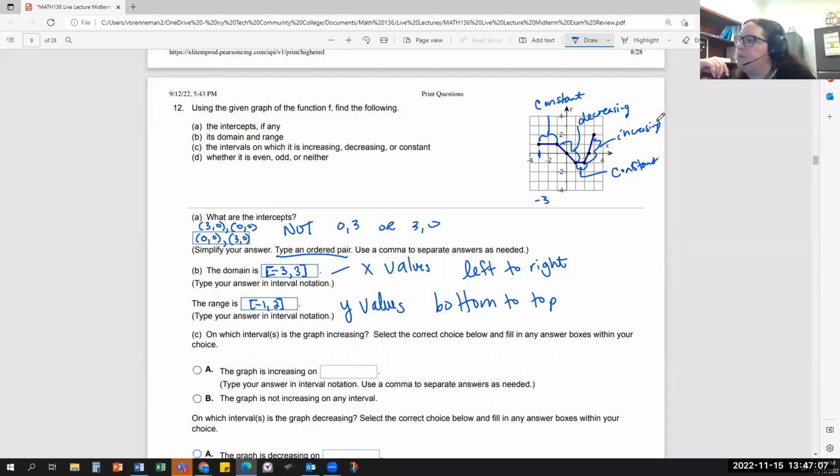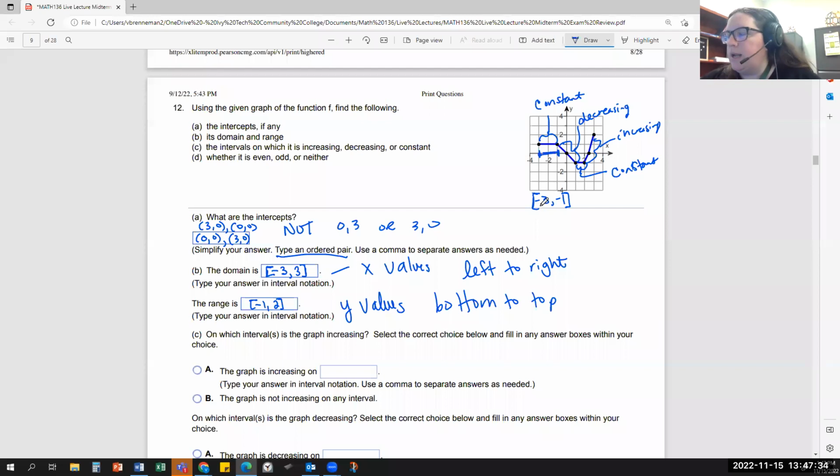But to identify those pieces, again, we want the intervals of x values. So we start at -3 and we go to -1. That's constant. Technically parentheses is correct, but MATLAB will accept square brackets, and I think that helps remind yourself that this is not an ordered pair. The y values aren't coming into it at all.